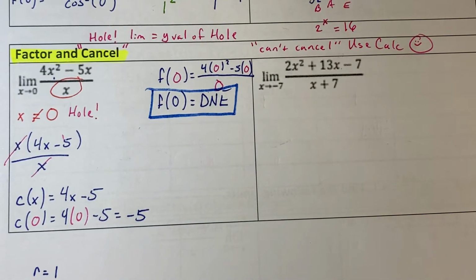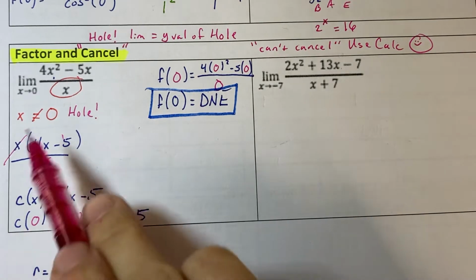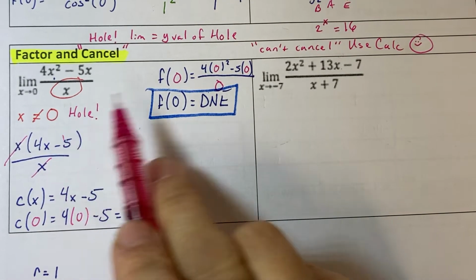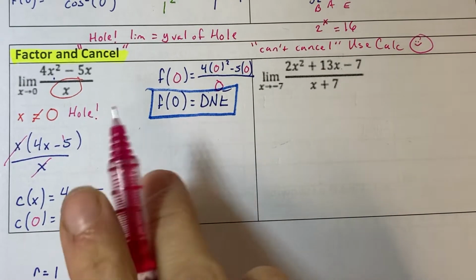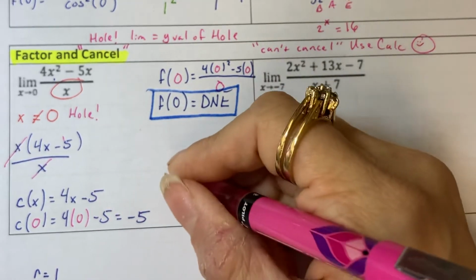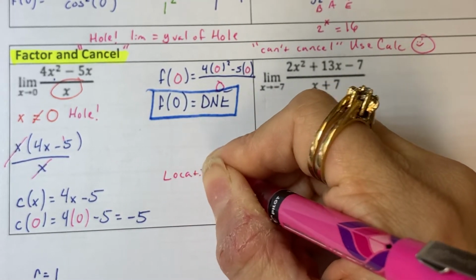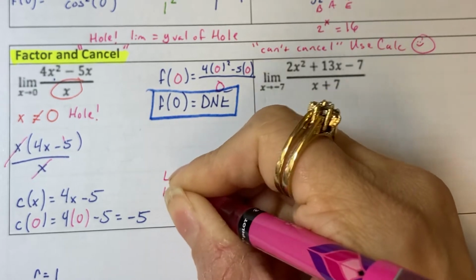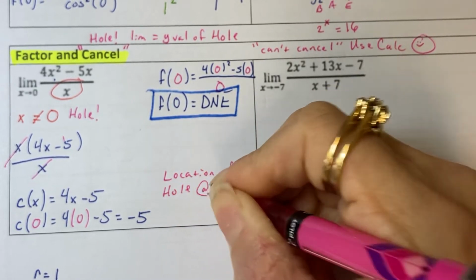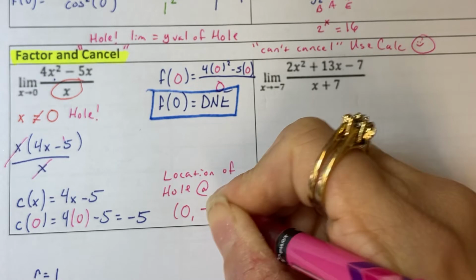So folks, what does this mean for us? It means that 0 is a restricted value. Our function does not exist there, but the location of the hole is at 0, negative 5.